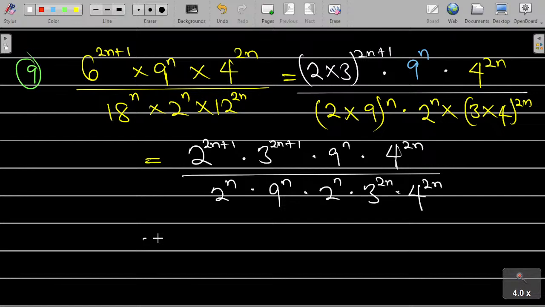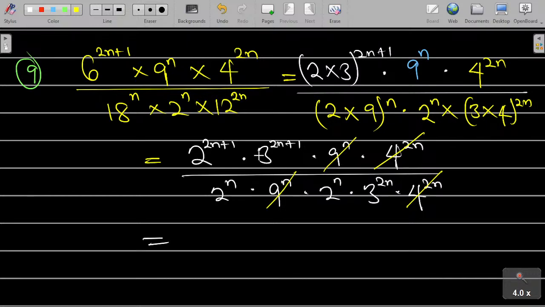Alright, sorry about that. What happens now is that I will look for ways to cancel out common values. 9 to the power of n will take away 9 to the power of n. And you can clearly see that we can join 2 to the power of n with 2 to the power of n in the denominator, but I'm going to retain this one like this.